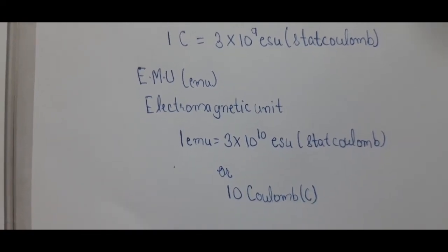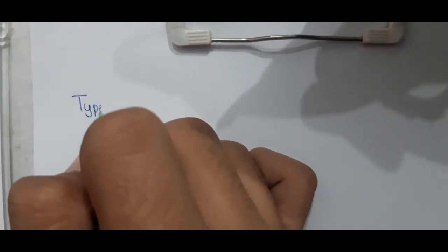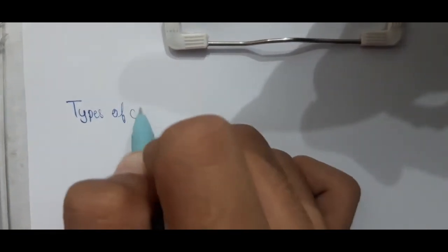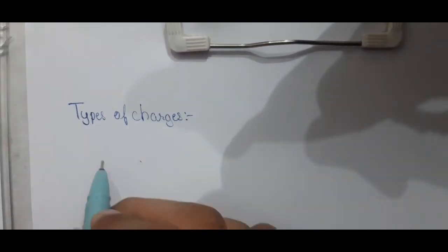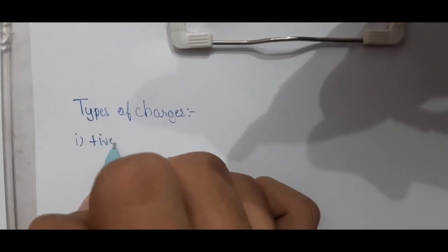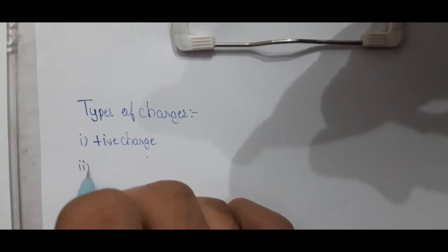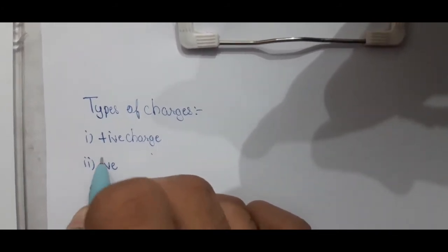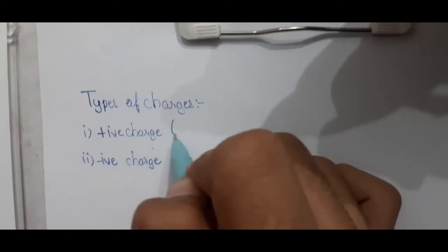So next comes types of charges. Friends, there are two types of charges. First is positive charge and second is negative charge. What is positive charge?